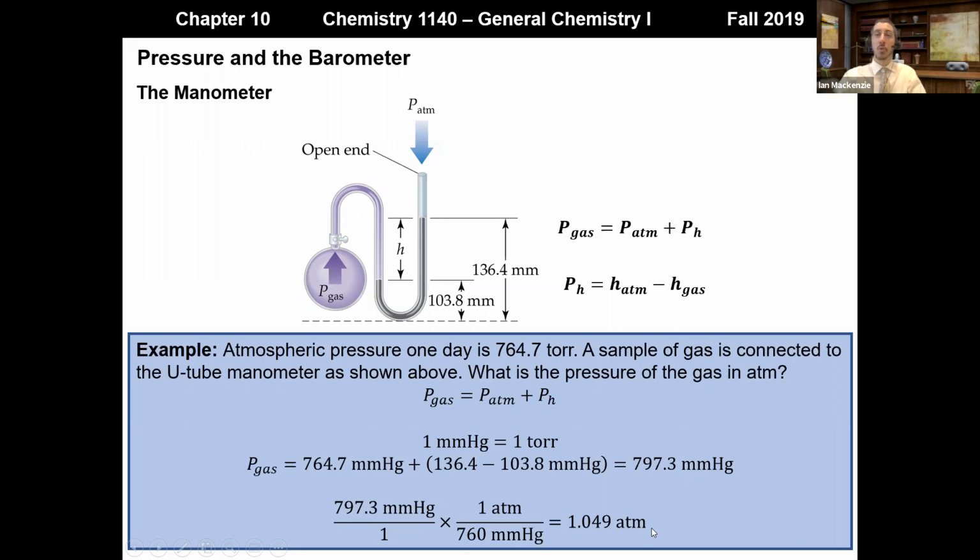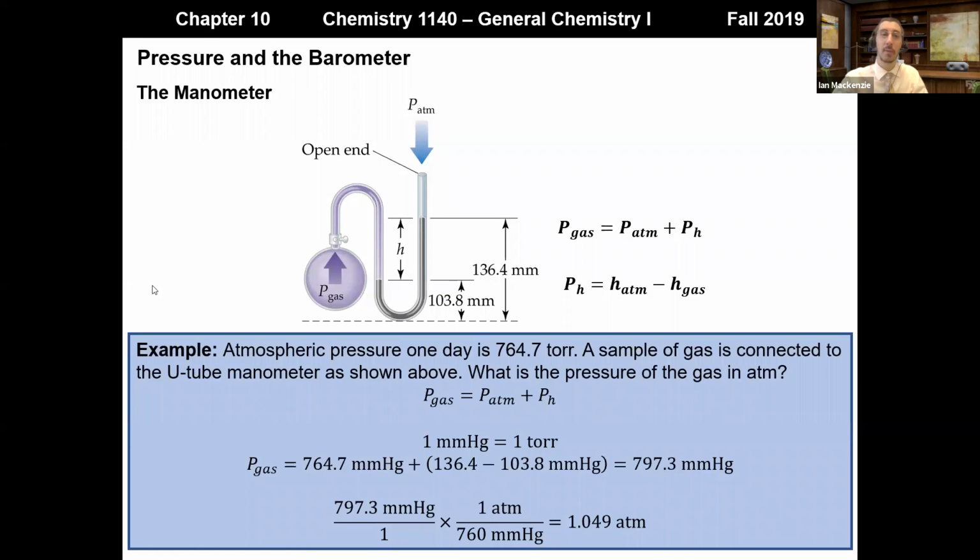Now, normal atmospheric pressure is about 1 atmosphere, and what we can tell just by looking at this figure is whether the pressure of the gas is greater than the atmospheric pressure or less than the atmospheric pressure.